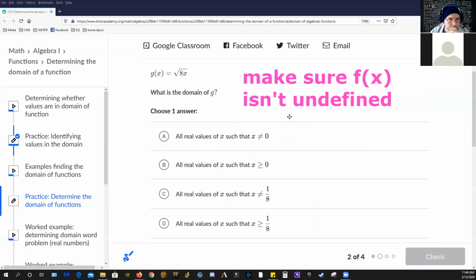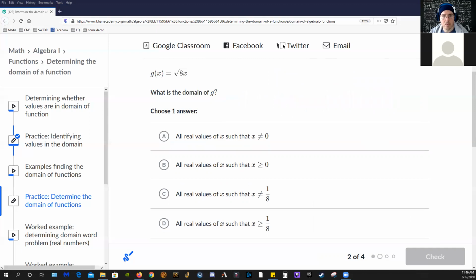Okay, so in this one, we want to make sure it isn't imaginary. Okay, so hang on, let me get rid of this. Okay, so as long as x is positive, we should be fine.